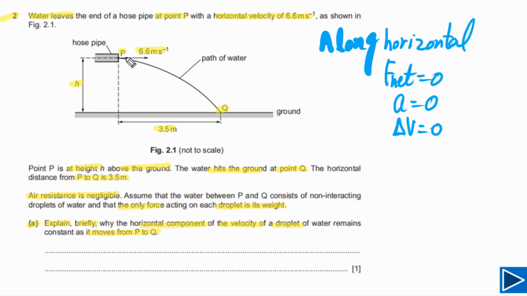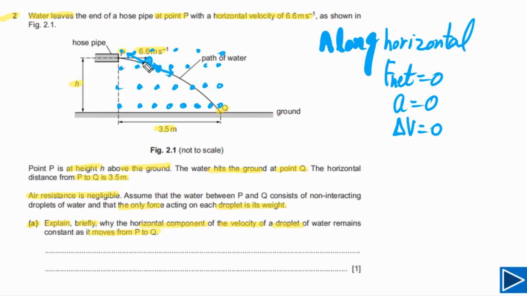Imagine that if there was air resistance, for example, then you will see air particles like this. So imagine that if there was air resistance, then what will happen? You can imagine these are air particles. Now when water will be falling, let's say this is one big droplet of water. This one hits this air particle. When it hits air particles, it will apply force on the air particle in this direction, and the air particle will apply force on this one in the opposite direction.